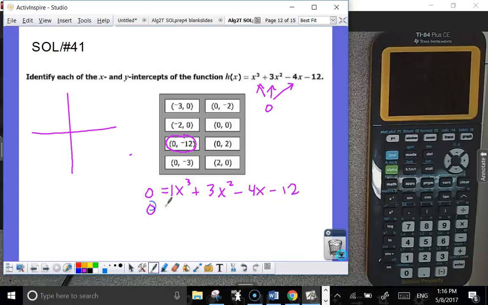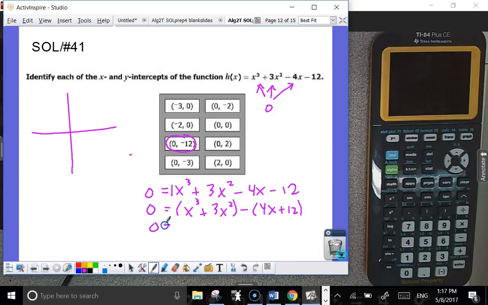You would go like this: 0 equals x to the third plus 3x squared, minus parentheses 4x. What goes next? Plus 12. Because you put the parentheses after that minus, it's going to flip the sign.